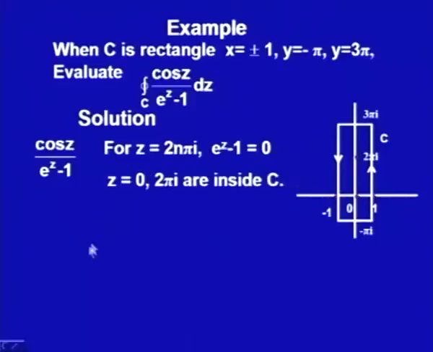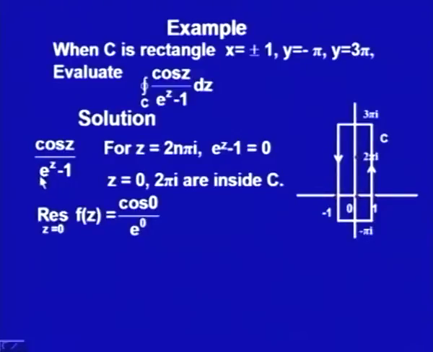We would find the residue at z is equal to 0 of f(z). We would use the method p(z) upon q(z), where the residue at z is equal to z naught is p(z naught) upon q dash(z naught). What will q dash(z) be over here? That would be e to the power z.